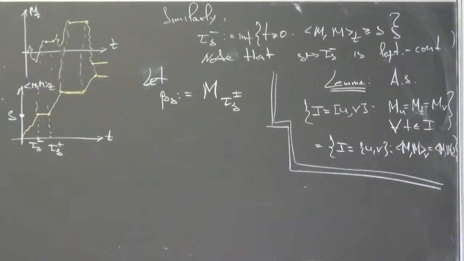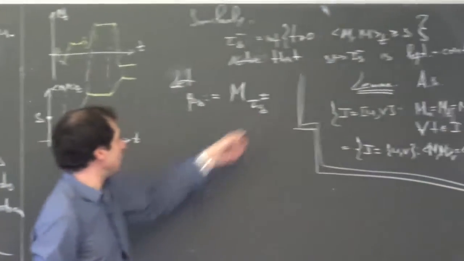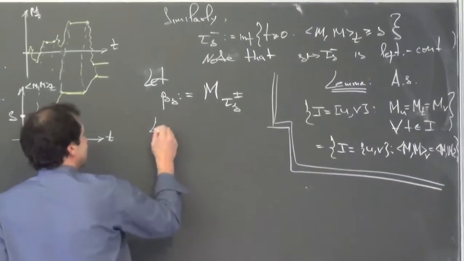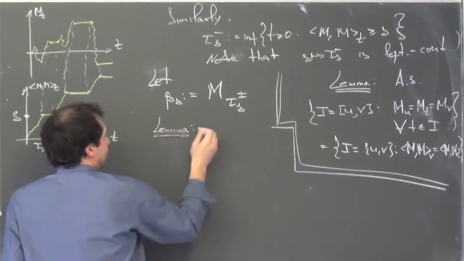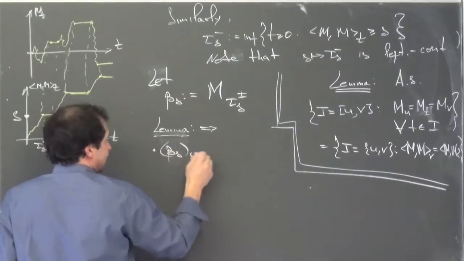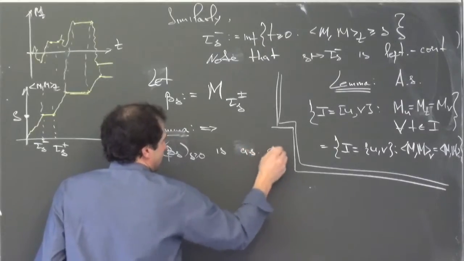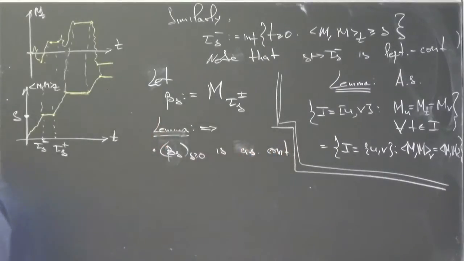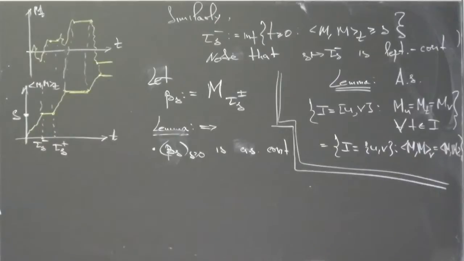Then what I would like to say is that basically there is nothing to do. So then we know from the lemma that B_s is almost surely continuous, right, because we know it's both left continuous and right continuous.